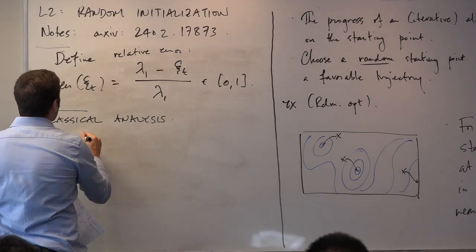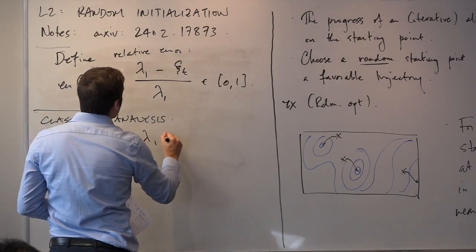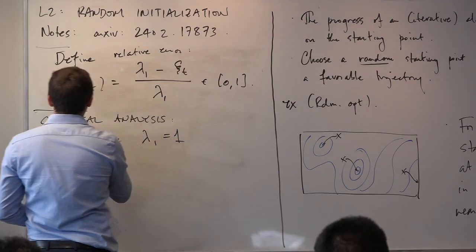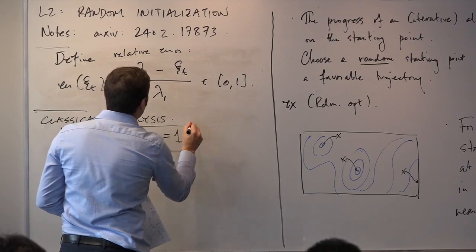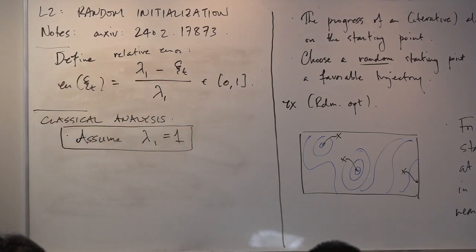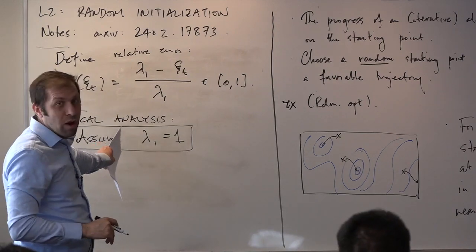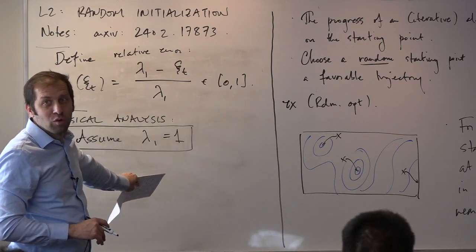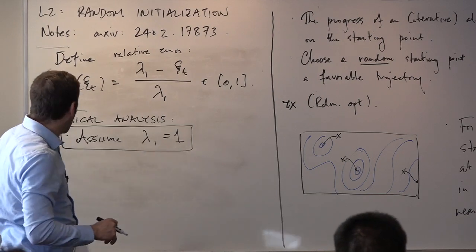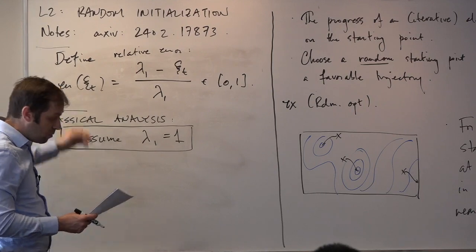We're going to assume from now on that lambda 1 is equal to 1. This is just a normalization that will help us simplify formulas. So long as A is not a 0 matrix, we can always rescale it this way. Because we're talking about relative errors, we don't care about the scaling.